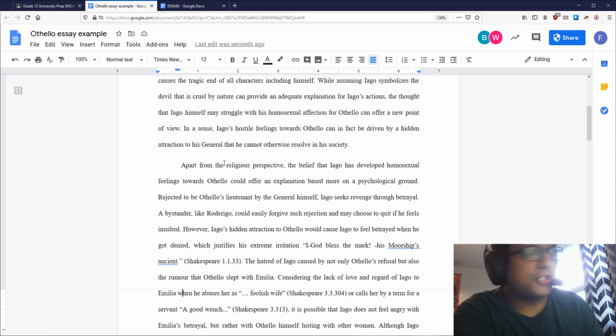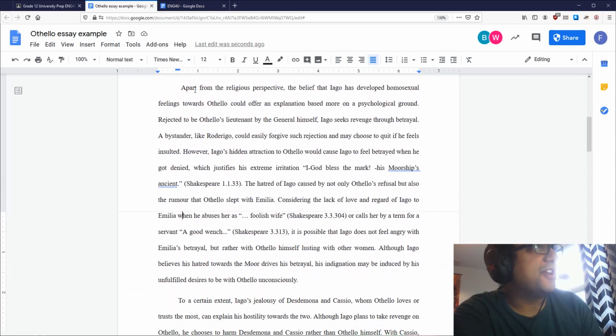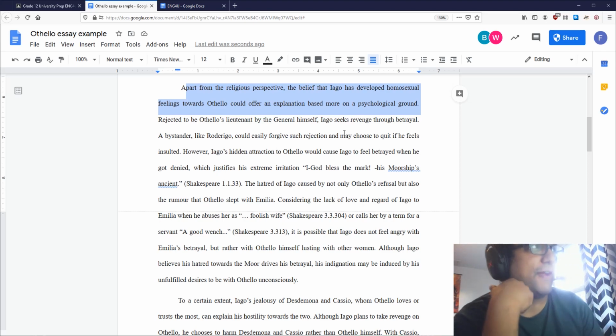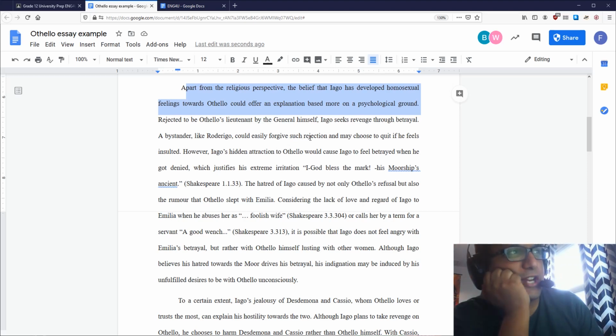Then the person goes into their supporting paragraphs, right? Let's see how much of this I can read without laughing. So, apart from the religious perspective, the belief that Iago has developed homosexual feelings towards Othello could offer an explanation based more on psychological ground. Rejected to be Othello's lieutenant by the general himself, Iago seeks revenge through betrayal. A bystander like Rodrigo could easily forgive such rejection and may choose to quit if he feels insulted.